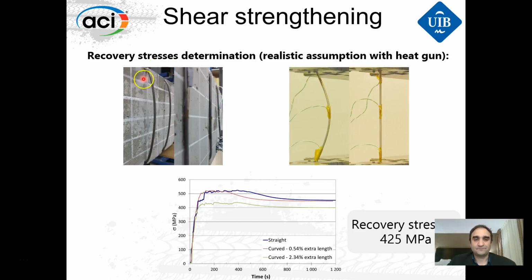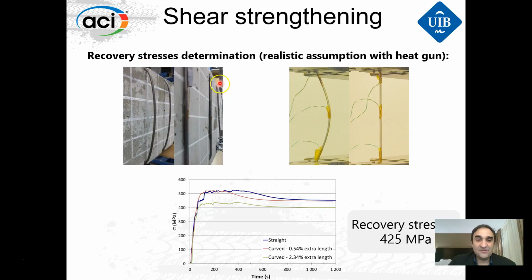What's the problem? That when we place the wire around our beams to wrap our beams, we cannot perform a perfect procedure. And you can see here that we have an initial imperfection. So when we start heating, we have some recovery of the strain, and then after that recovery of the strain, we generate the stresses.